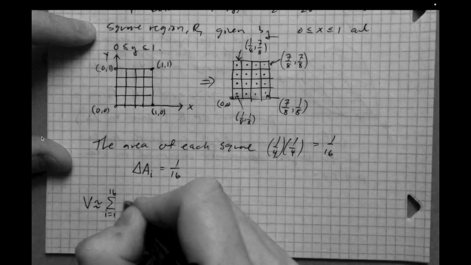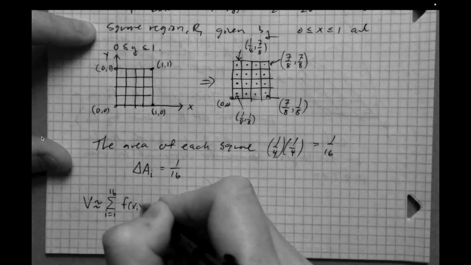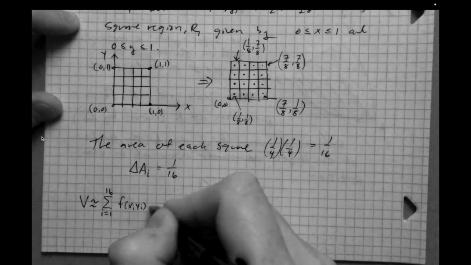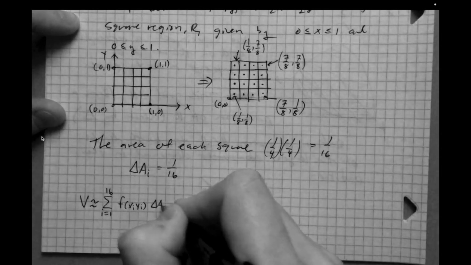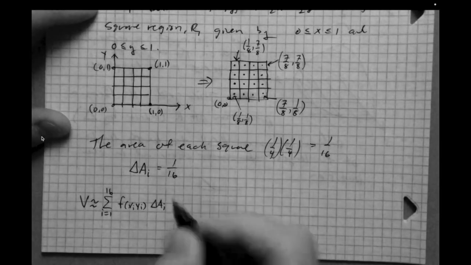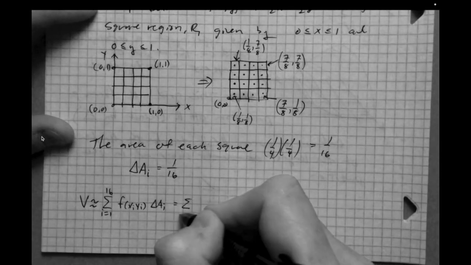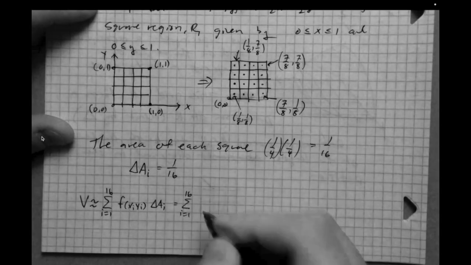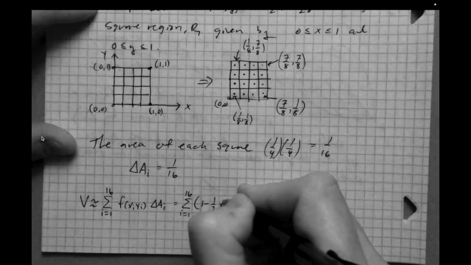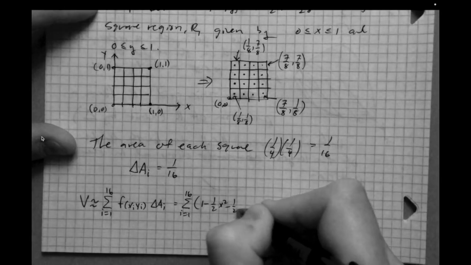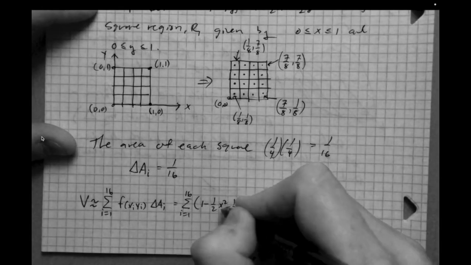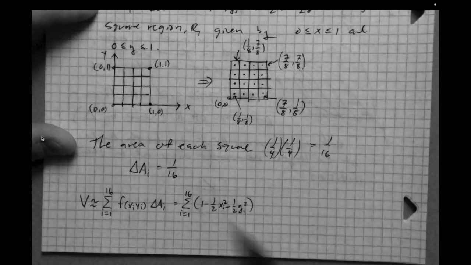It's going to be whatever the height of each of the prisms is times the base area of the prism. In this case, the base area is all the same. So it's going to be the sum from i equals 1 to 16, and then let's put the function in. It'll be 1 minus 1/2 x squared minus 1/2 y squared. I should put subscripts i here, so it depends on the i.